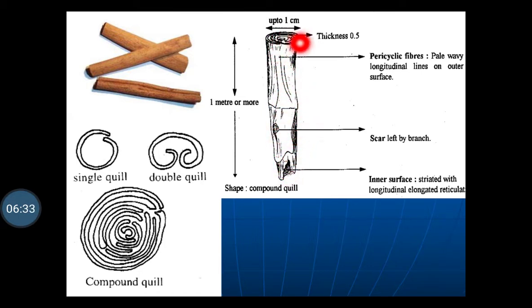Width is 1 centimeter, thickness 0.5 mm. Pericycle fibers appear as pale wavy longitudinal lines on the outer surface, along with scars left by the branches, and the inner surface is striated with longitudinal elongated reticulate parenchyma.